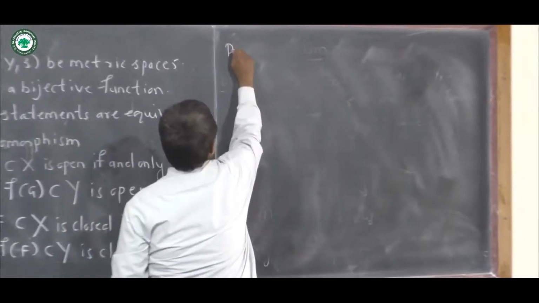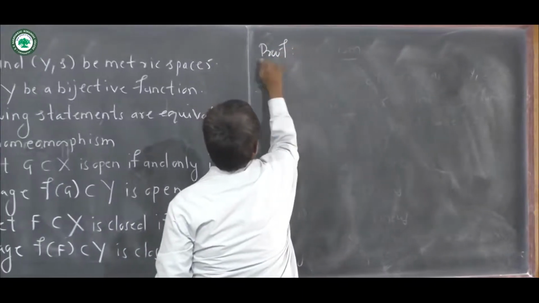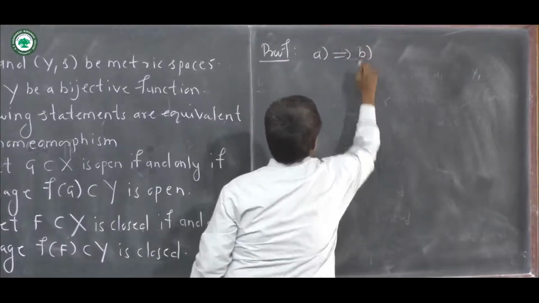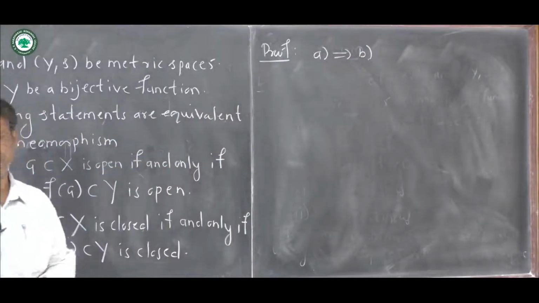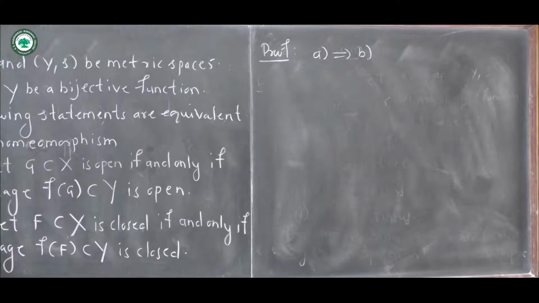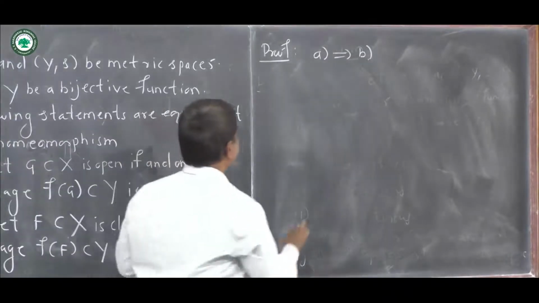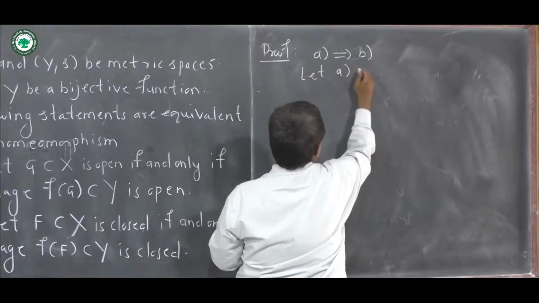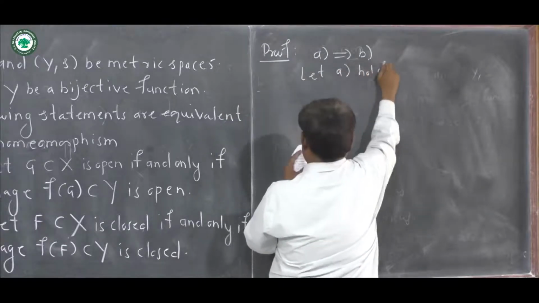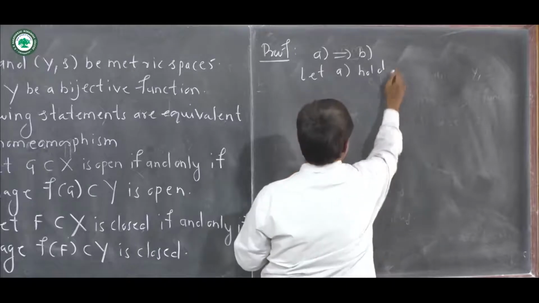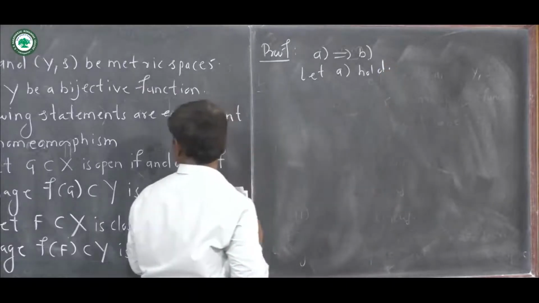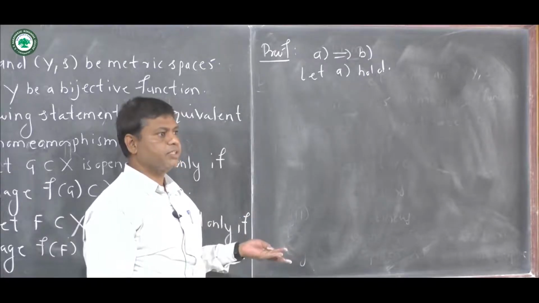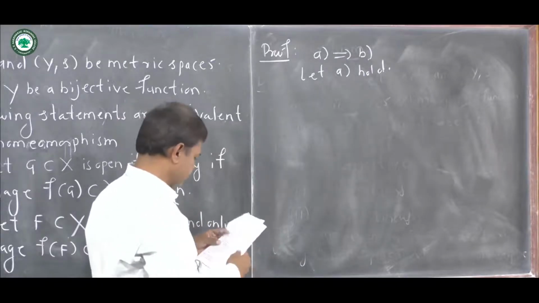Now the proof. Statement A implies statement B. So we have statement A, that is f is a homeomorphism. Let statement A hold. Since f is a homeomorphism, it means that f is bijective, f is continuous, and f inverse is also continuous.